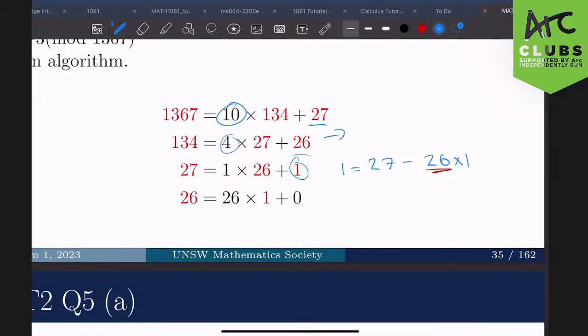This equation is, what is this for? It's a very general question.